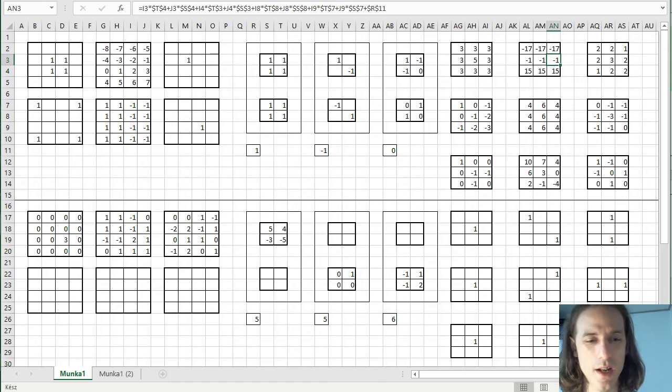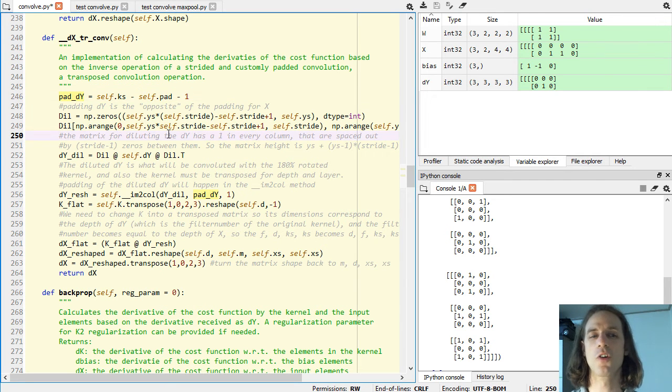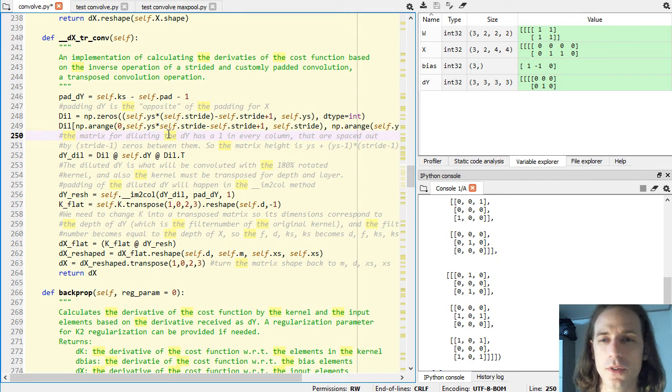So there are a lot of good graphics on the internet that will do it for you. And the padding, very easy, will be the kernel size minus the padding you used for the x, for the convolution operation, the forward propagation, minus 1.